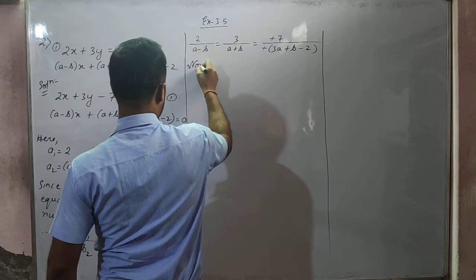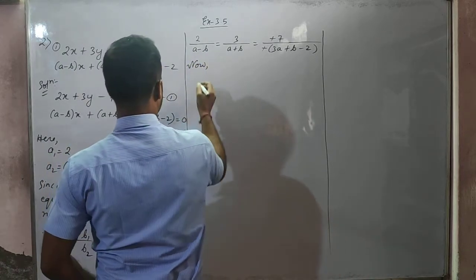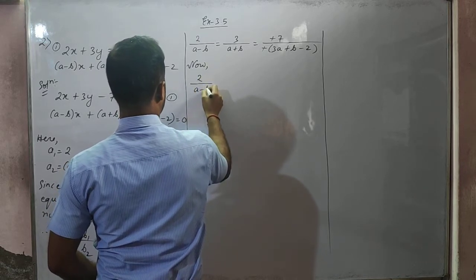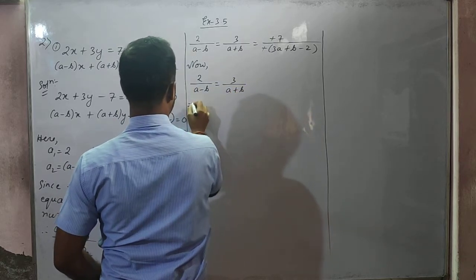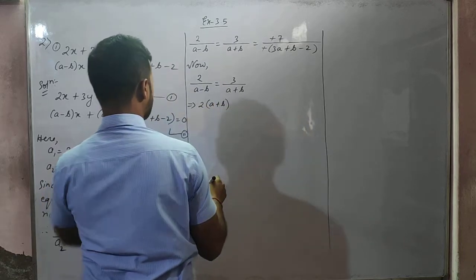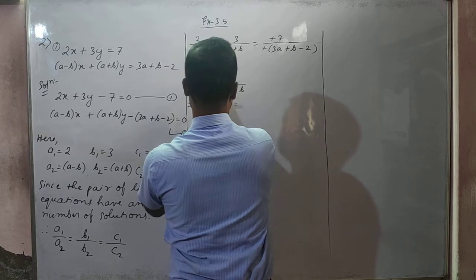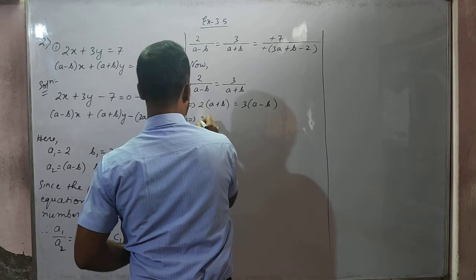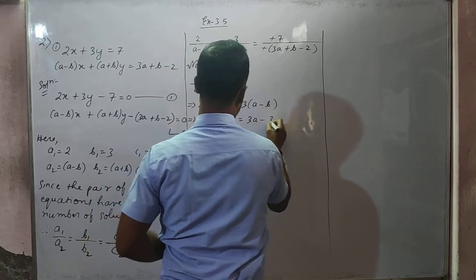Now 2 by (a minus b) is equal to 3 by (a plus b). Cross multiplication: 2 into (a plus b), 3 into (a minus b). So 2a plus 2b is equal to 3a minus 3b.